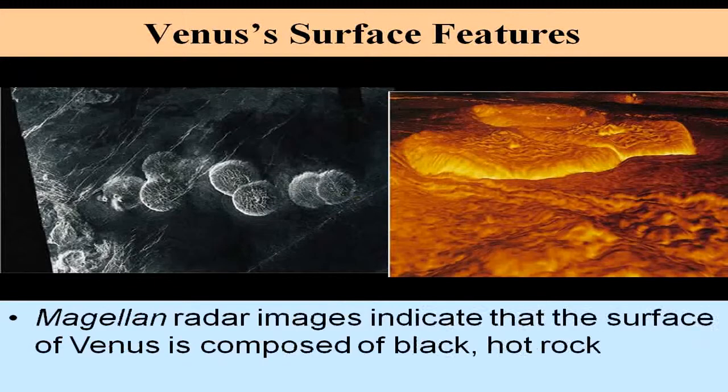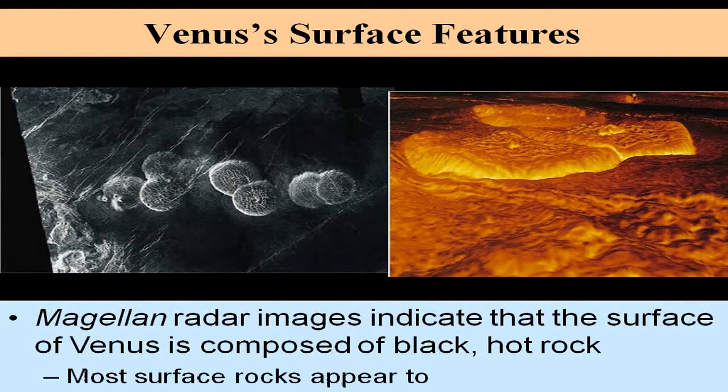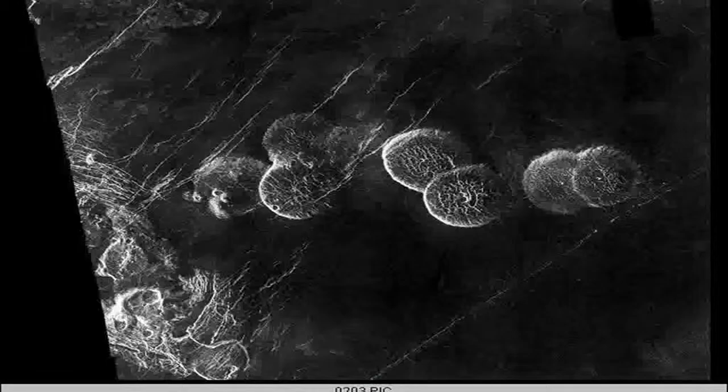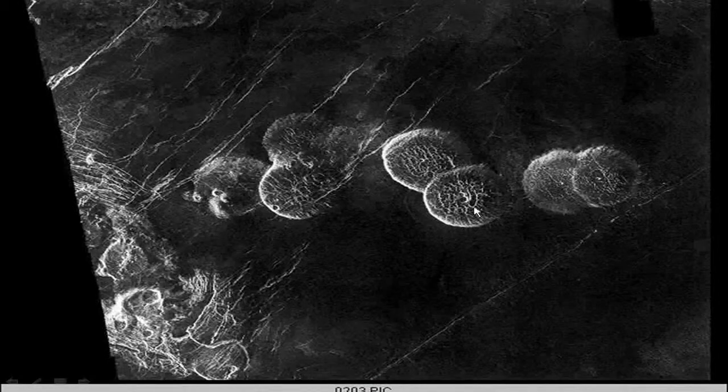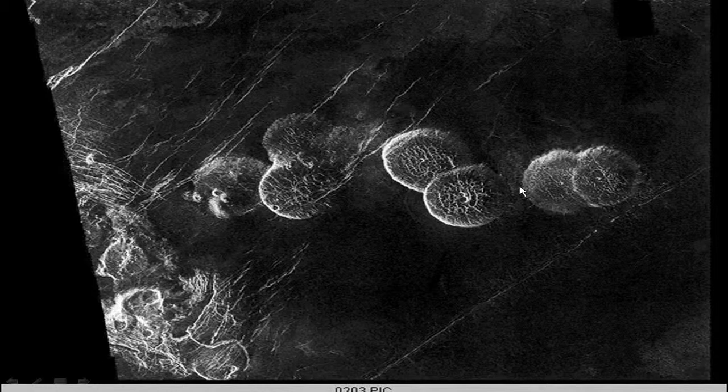Here are some Venus surface features taken by radar, and you can see that Venus's surface is composed of black hot rock, kind of flat type rock, and you can have a lot of volcanic features on Venus as well due to volcanic lava flows. You can see these pancake-like lava flows on the surface of Venus.